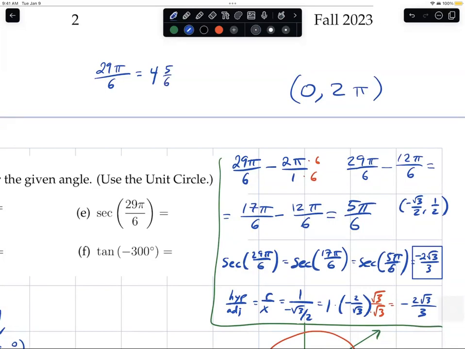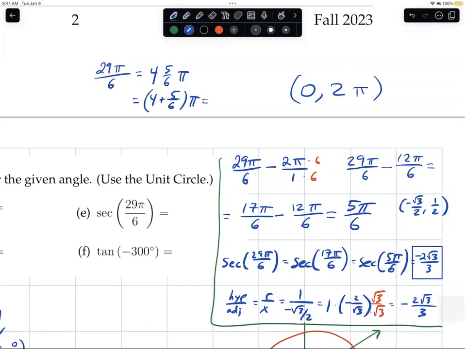So we can write 29 over 6 as 4 and 5/6 times pi. If you remember what mixed numbers mean, 4 and 5/6 is really 4 plus 5/6 pi.